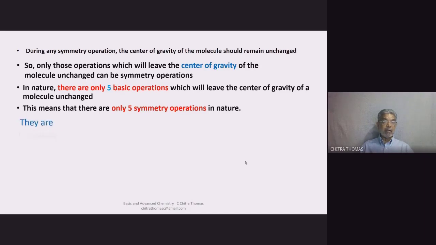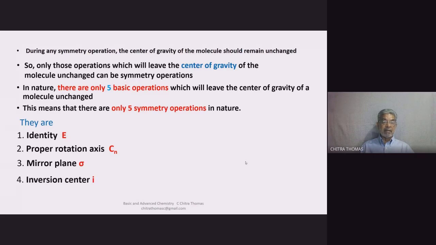They are identity E, then proper rotation axis Cn, mirror plane sigma, the inversion center i, and the improper rotation axis Sn. So these are the 5 symmetry operations present in nature.